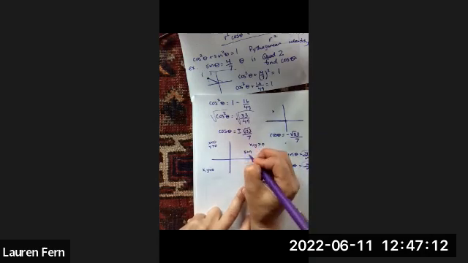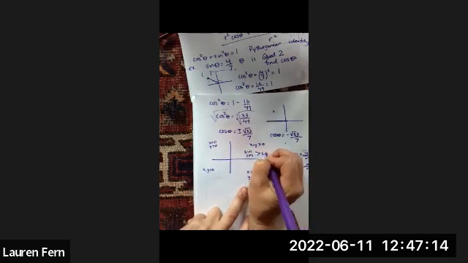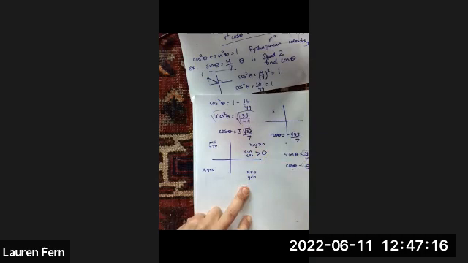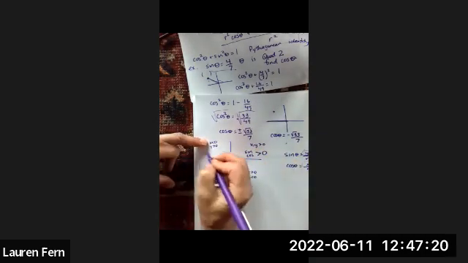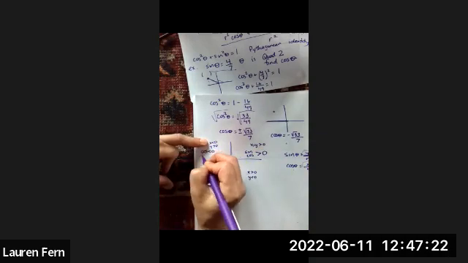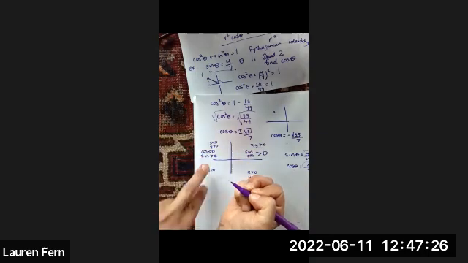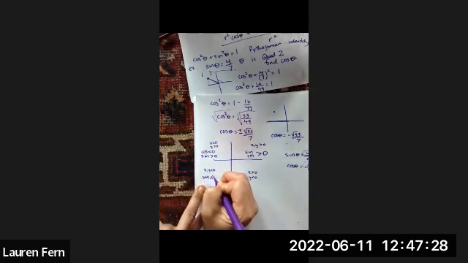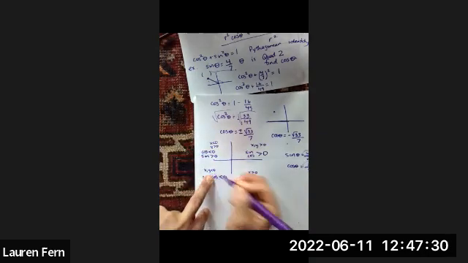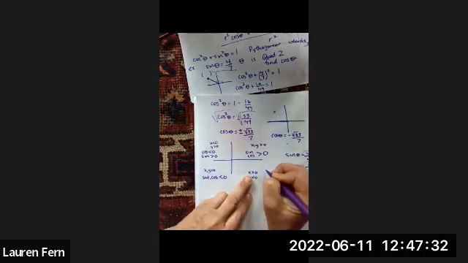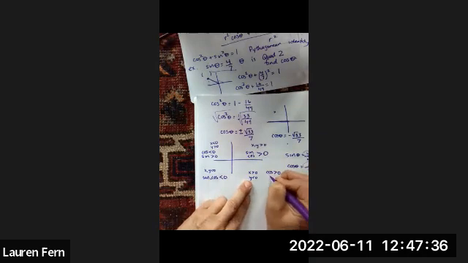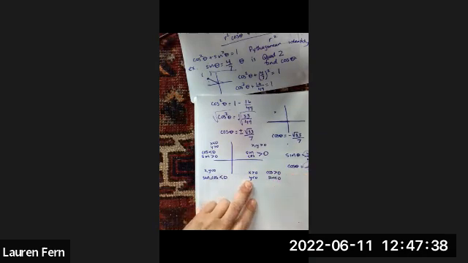In other words, in your first quadrant, both your sine and your cosine are always positive. In your second quadrant, your cosine is negative and your sine is positive. Here, both the sine and the cosine are negative because both x and y are negative. And in the fourth quadrant, your cosine is positive and your sine is negative.